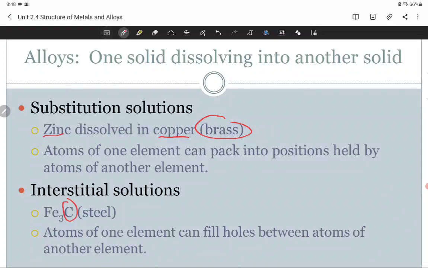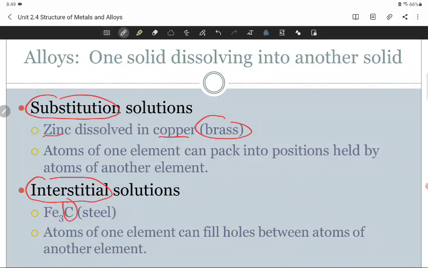But anyhow, if you take one atom out and put another atom in of approximately the same size, we're going to call that substitutional. I have pictures of it later, so instead of me drawing it, we'll just look at the pictures. If, instead of taking one atom out and adding another atom in, you just have a smaller atom and can put it in between spaces where there are no atoms, that's called interstitial.